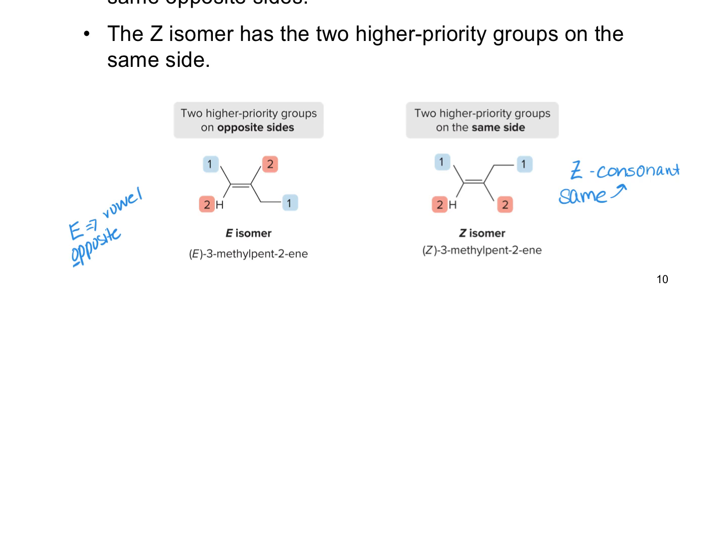So we're going to come here and we are going to look at this guy, okay? And so I am going to compare the priority of this CH3 to that H. And carbon has a higher atomic number than hydrogen, so it is that high priority.